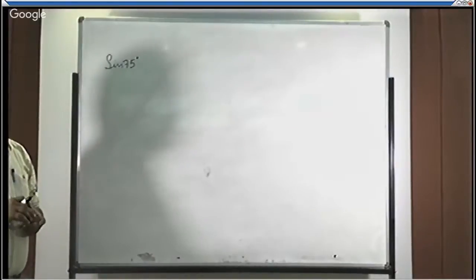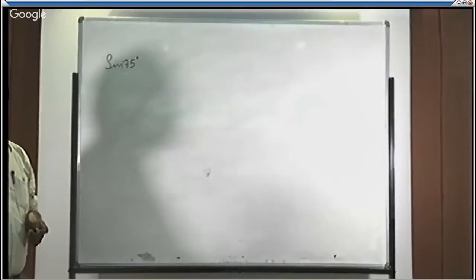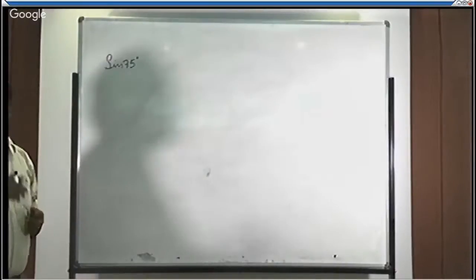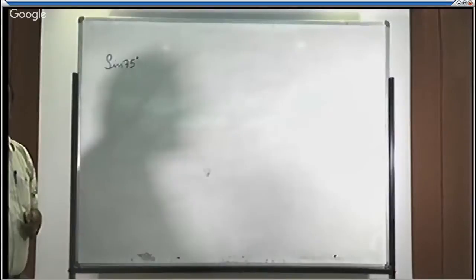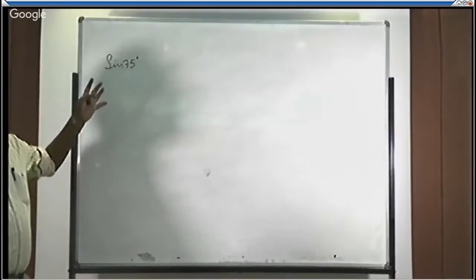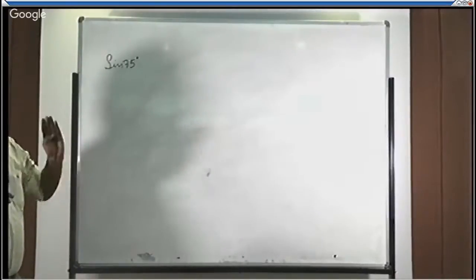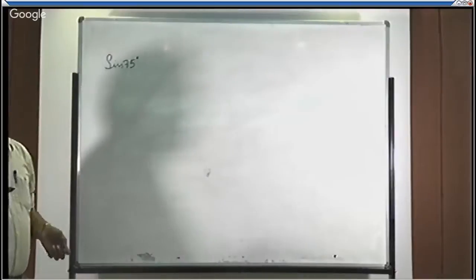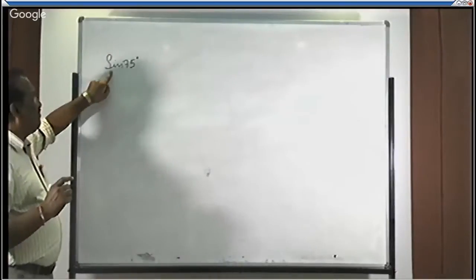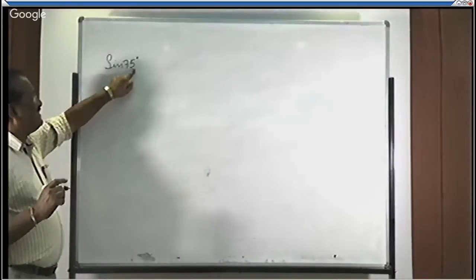One thing we know from our previous discussion is that if you write any angle as a sum or difference of angles, that is, in the form of A plus B or A minus B, we can apply the formulae to any trigonometric function like sine, cos, tan, and the reciprocals. Now we have the trigonometric function sine of 75 degree.